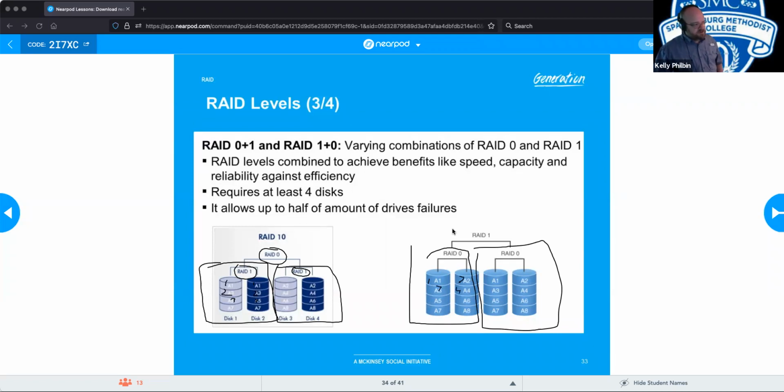And then you will mirror that entire process to another group of RAID 0 in another silo. So then you would still have that 1, 2, 1, 2. Does this make sense so far? All we're doing is just combining RAID 0 and RAID 1 together into a single RAID unit.